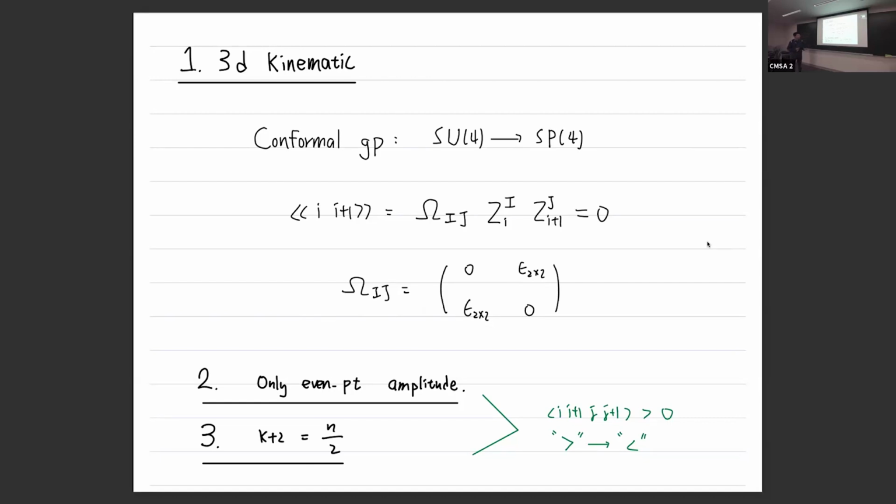But actually, to manifest these two conditions, we just need to change the sign of <i i+1 j j+1> from positive to negative. Together with the original symplectic condition, these two conditions are automatically satisfied, as I will show in the next slide.